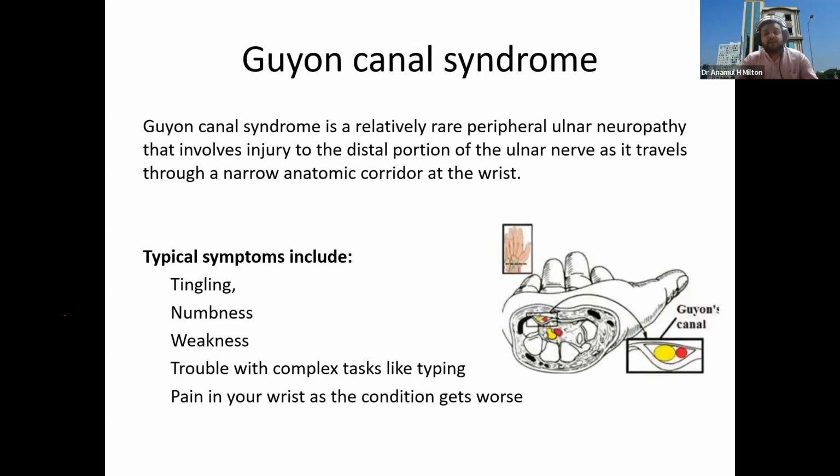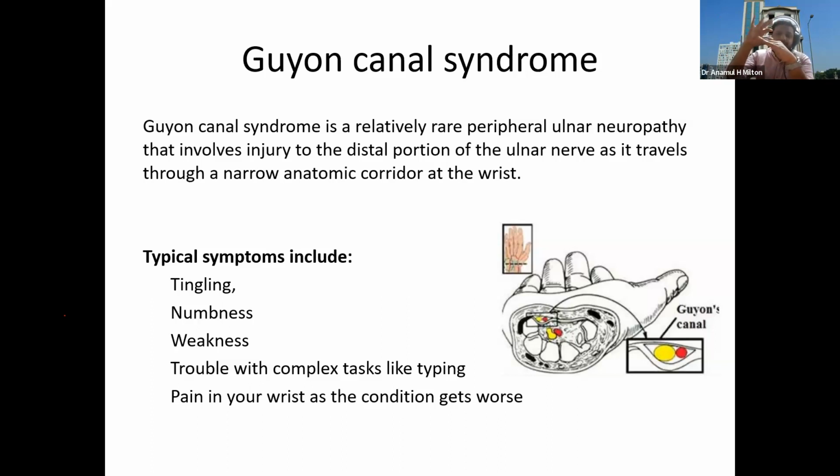Now another important part, the Guyon's canal symptoms. Guyon's canal is medial, where the proximal flexor retinaculum connects with the pisiform, then curves down, and over there is another ligament.